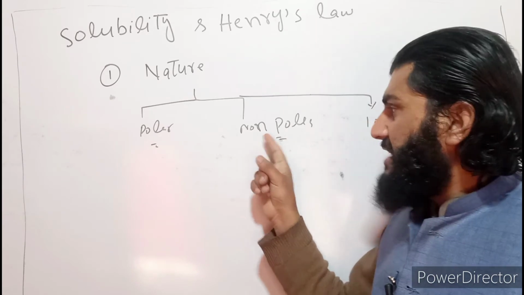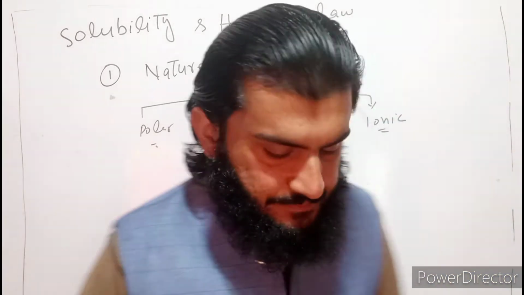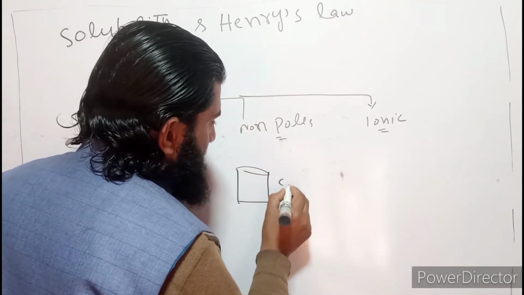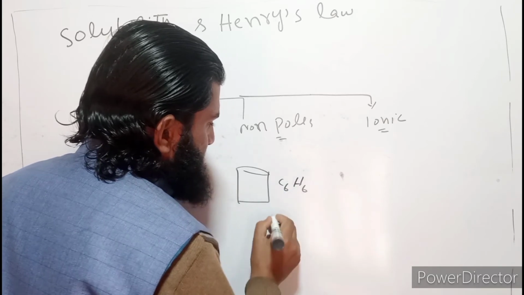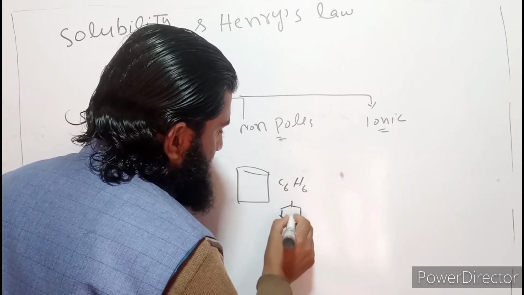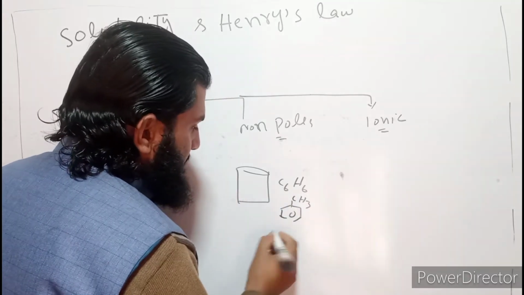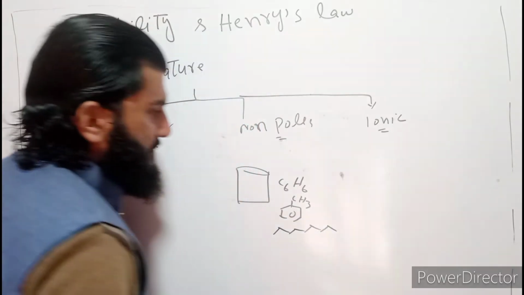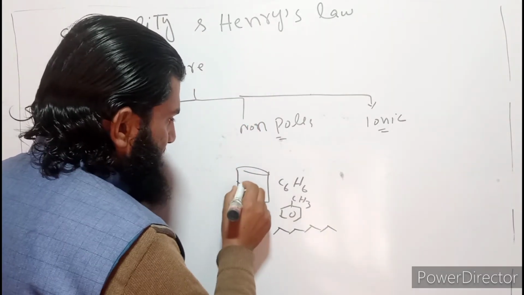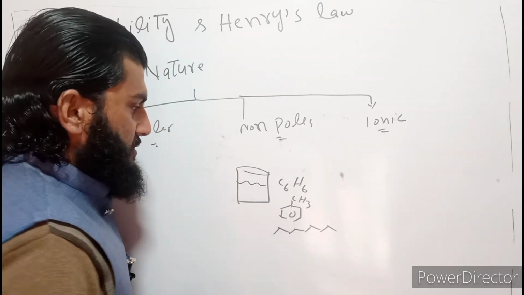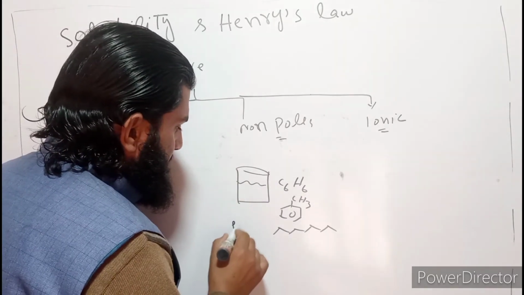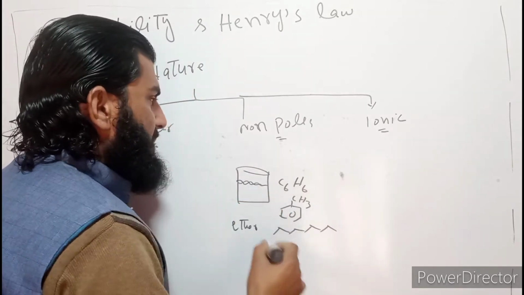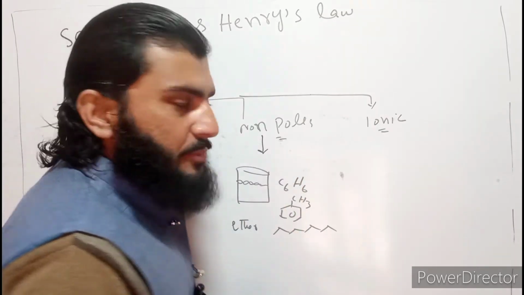A non-polar solute can be dissolved in, for example, benzene C6H6, or toluene, or a long chain alkane, or ether. So these solvents can dissolve many non-polar solutes.